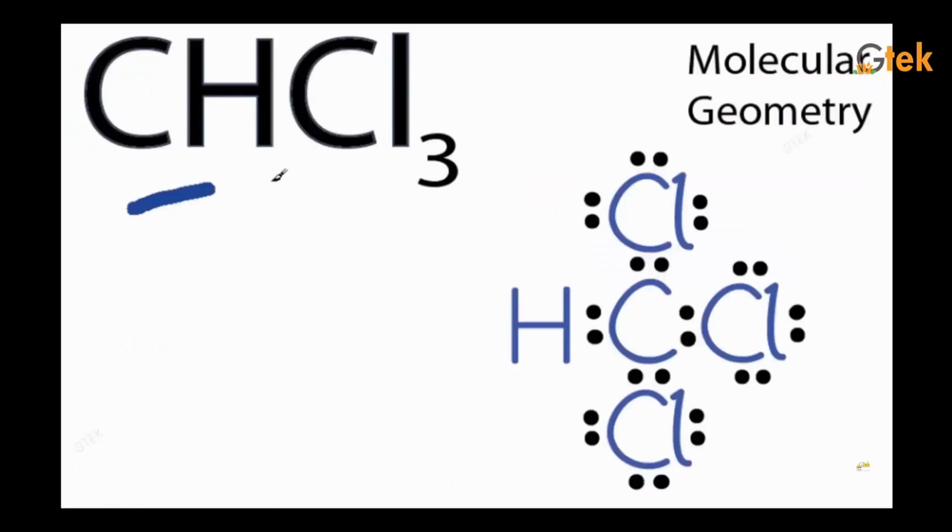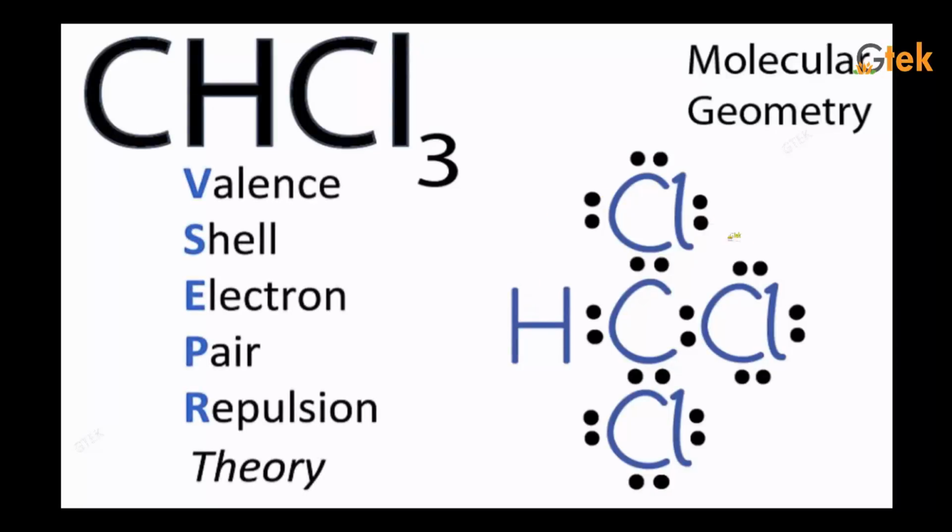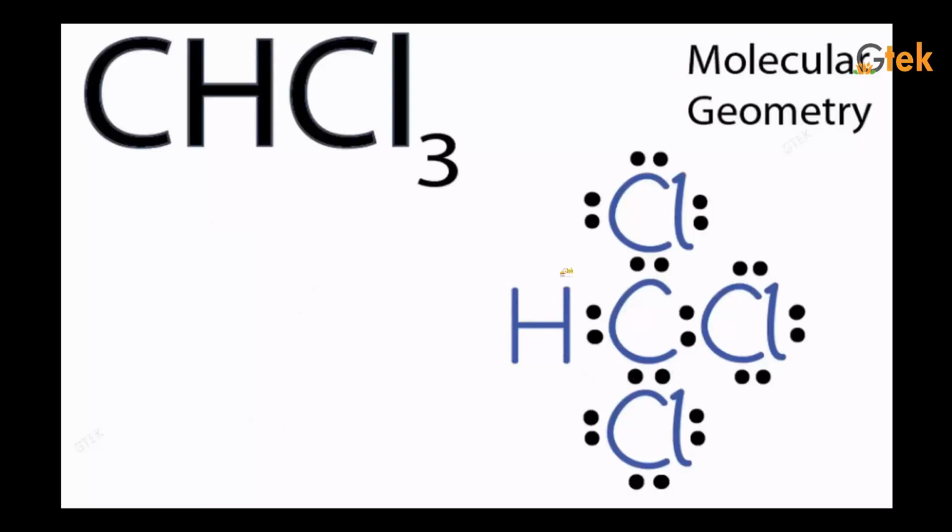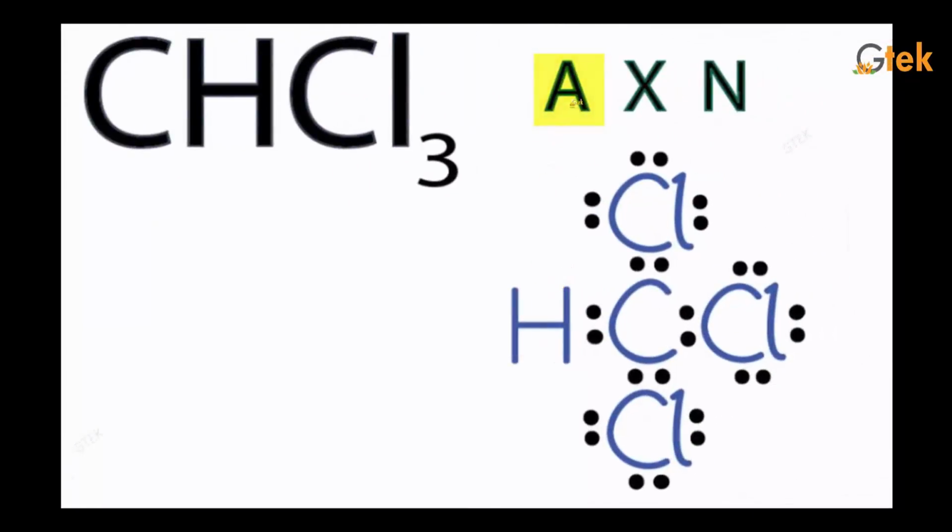Both are same. Let me explain the structure of an element. I have taken trichloromethane. It has 3 chlorines and 1 hydrogen. So the molecular geometry is defined by VSEPR theory. So I have AXn, where n is the number of atoms.